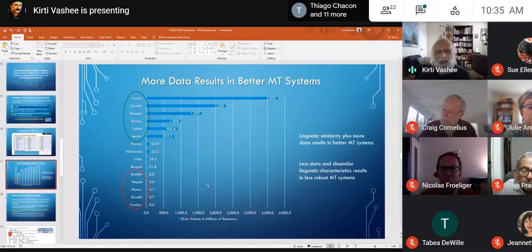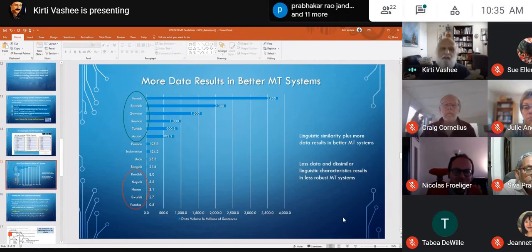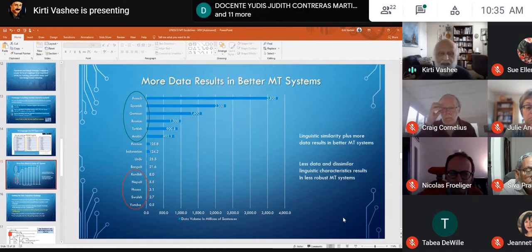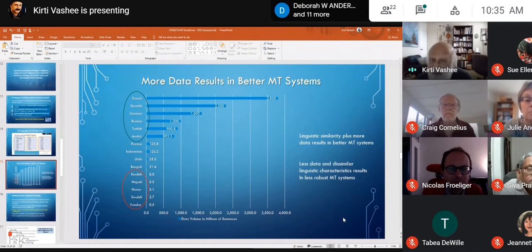And when we understand that the more data you have, the better the possibility of getting an MT system, a good MT system. This chart shows you how that picture can vary. So for French, we have almost 4 trillion sentences.